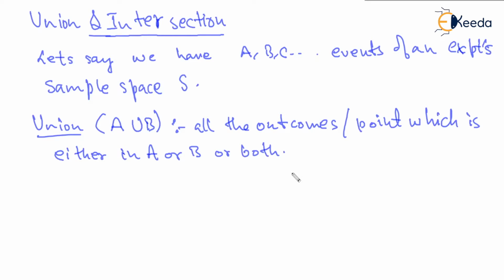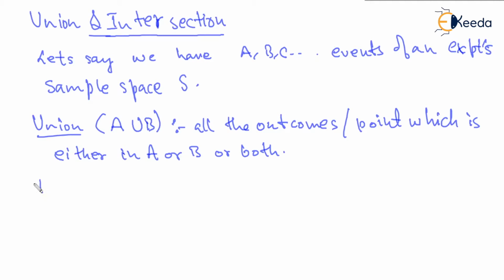That means if we have 10 outcomes, 2 outcomes come into the category of A, 2 outcomes come into the category of B and so on, then union of A and B means the points or outcomes which are coming under A, and which are coming under B, and which are coming under both, right?